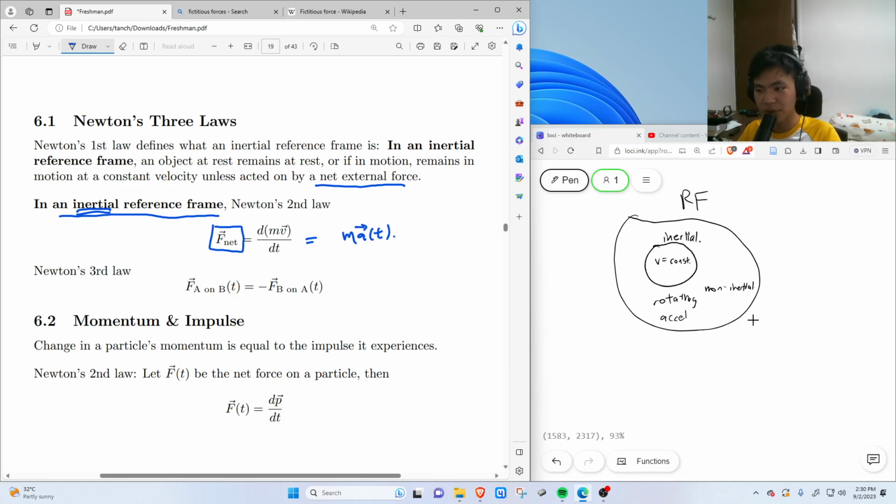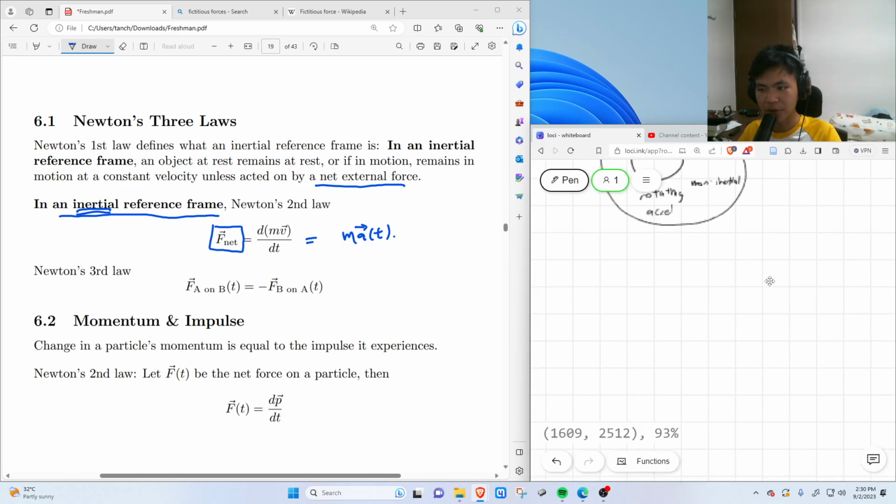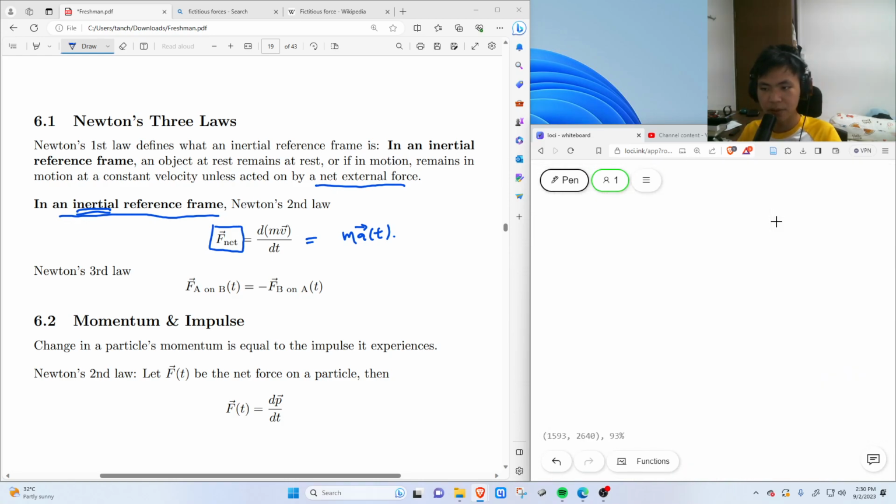I'd like to give you two examples to make this clear. In an inertial reference frame, the physical forces acting on you change your momentum as such.